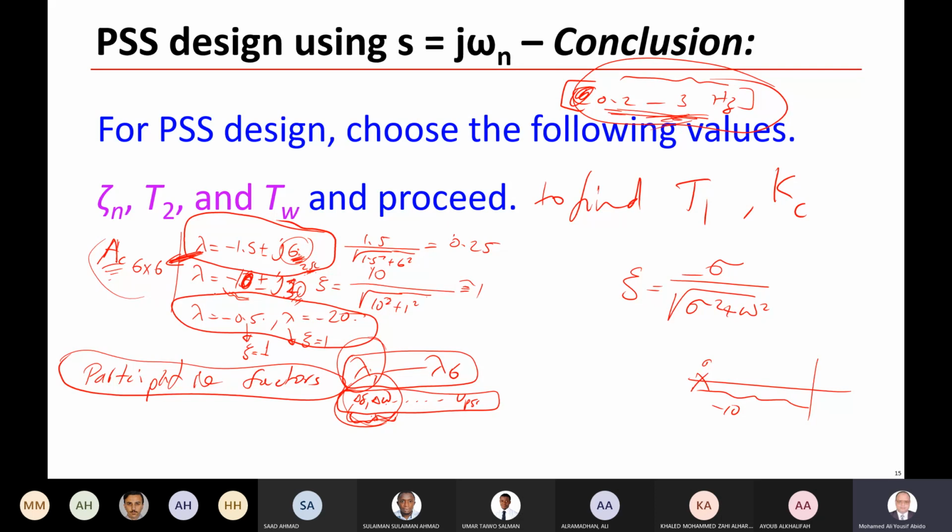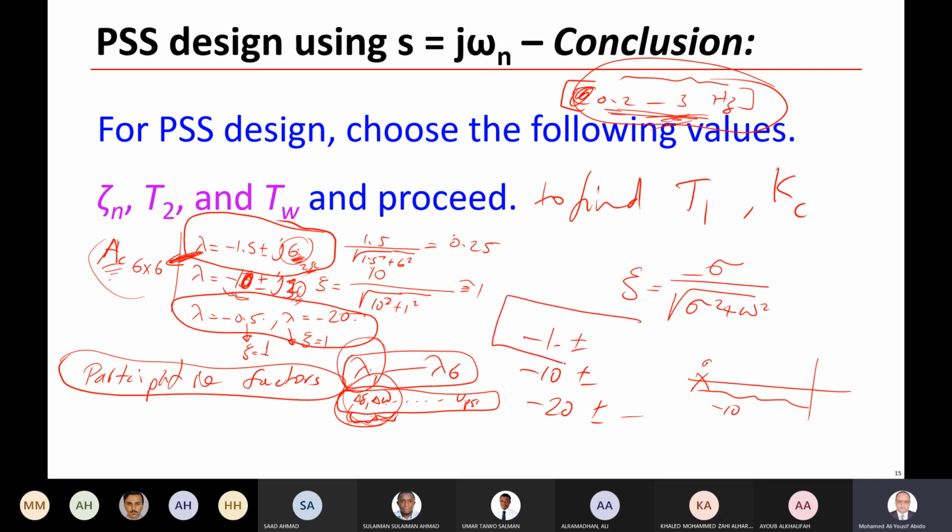And usually you can also say that the electromechanical mode will be the lightly damped mode. If you are given, for example, minus 1 plus minus j, minus 10 plus minus j, minus 20 plus minus j, which one will be related to the electromechanical mode?